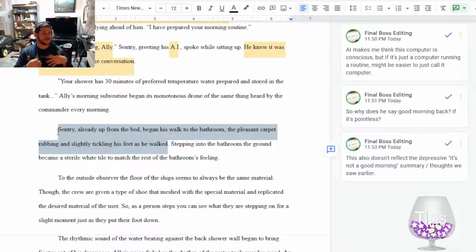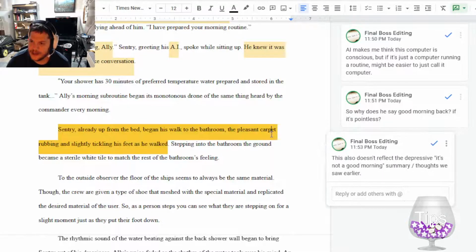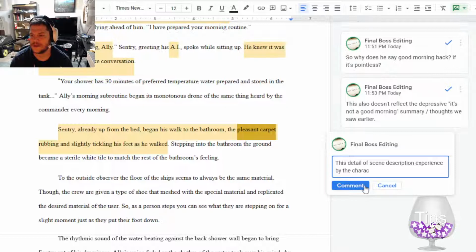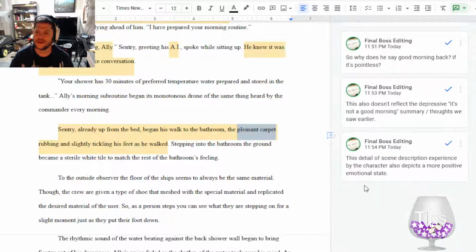The details of the scene that the character notices can also imply the emotional state, right? Something like the pleasant carpet points towards a different emotional state. This detail of scene. Yeah, pleasant carpet, like what you observe.